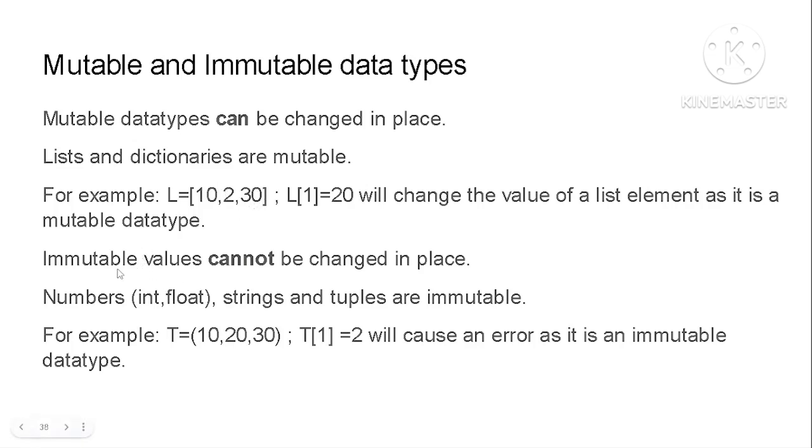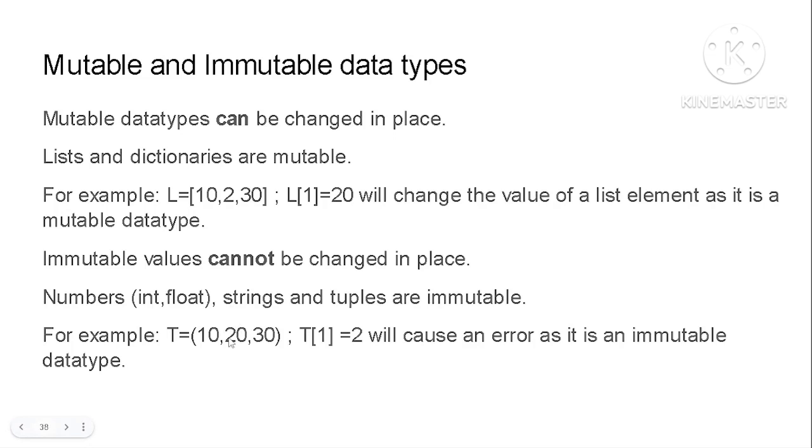Whereas immutable data types are numbers, strings, tuples. Numbers like int, float, complex, all are immutable data types. For example, tuple is an immutable data type. So consider t equal to 10, 20, 30. If you try to replace any one particular value, it will cause an error.